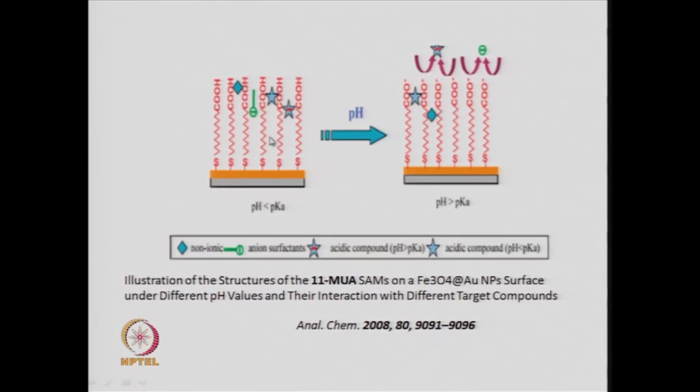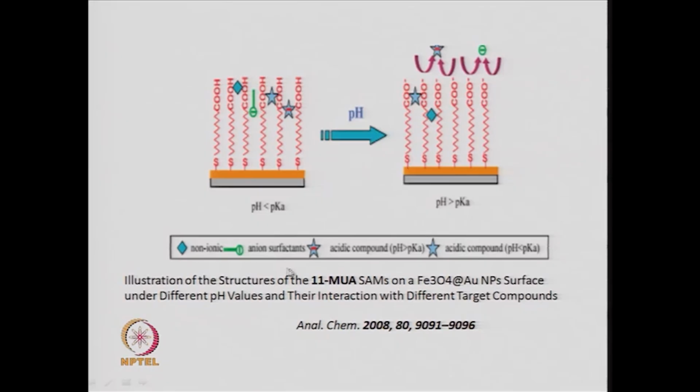And so, this will be able to pick up certain molecules, which this will not be able to pick up, because this is negatively charged, it will not be stable with negative or anionic species.